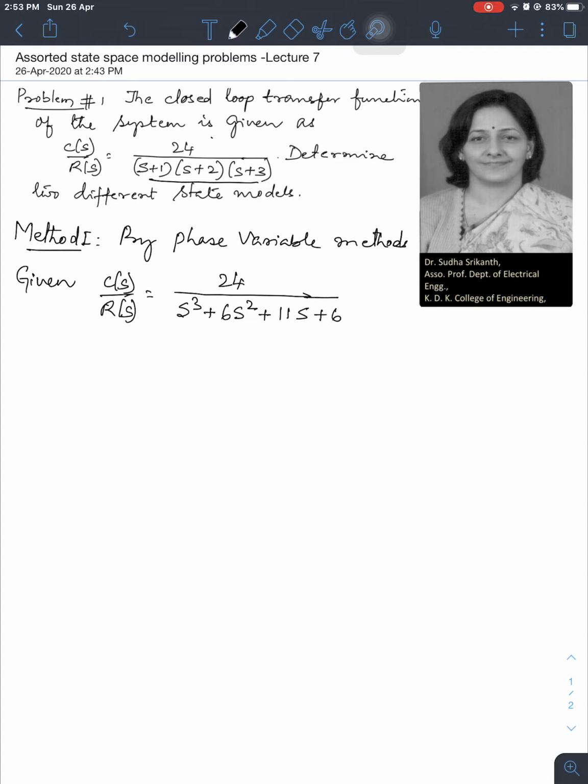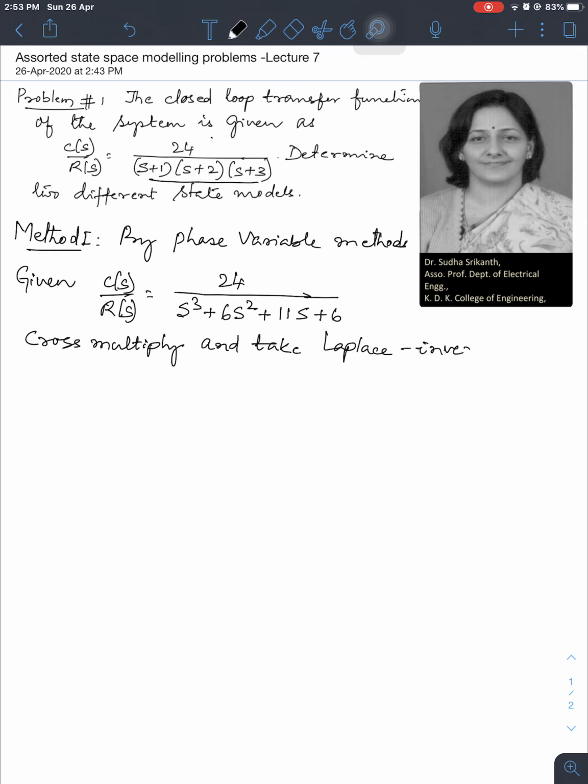Now we will cross multiply. We know this method because we need to get the differential equation in order to have the phase variables defined. Cross multiply and take Laplace inverse. Both the things we will do together.